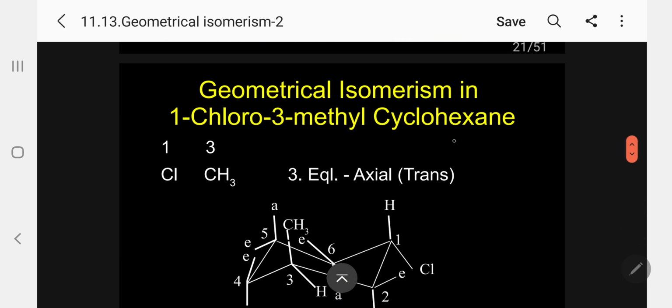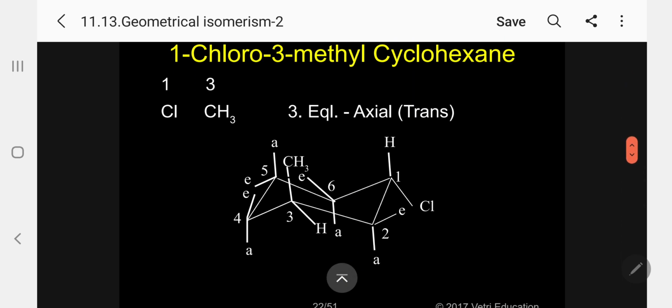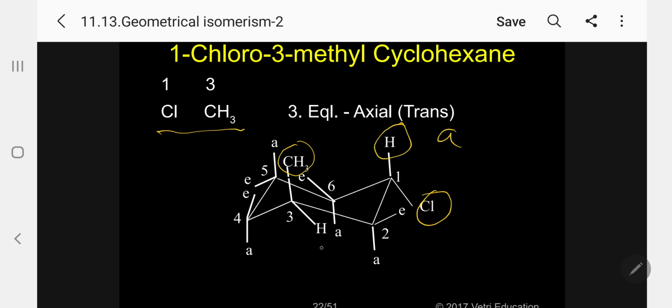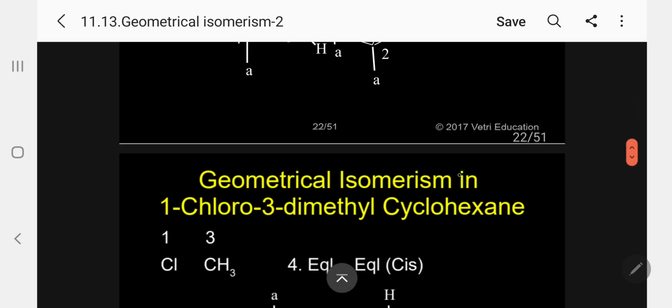Third example, kindly follow: chlorine equatorial and the methyl group axial in 1, 3, that is chloro methyl cyclohexane. Consider hydrogen as usual axial, and here it is axial. So trans isomer, this is the third example, trans.